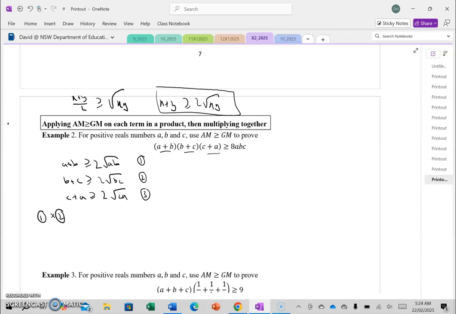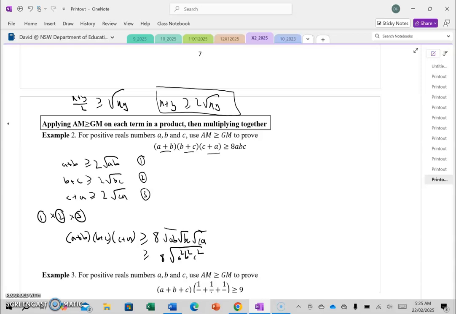So 1 times 2 times 3, and we get A plus B, B plus C, C plus A, greater than or equal to 2 cubed, which is 8, square root AB, square root BC, square root CA. Convince yourself that you get an A squared, a B squared, and a C squared there, which becomes the absolute value.